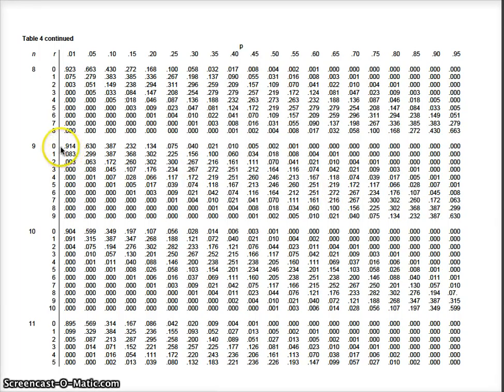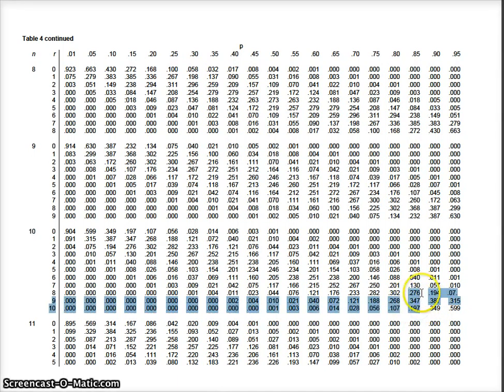So with n equal to 10, we would start here, and then we would go down until we find our, in my table it says R, in your textbook it has the letter X here. So we would go down vertically until we get to 9, and then we would follow 9 across until we are lined up with the probability of 0.85. And that would be right here.